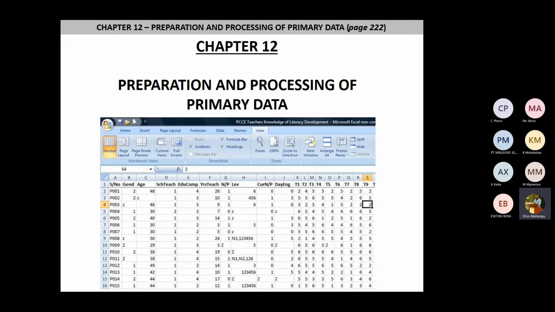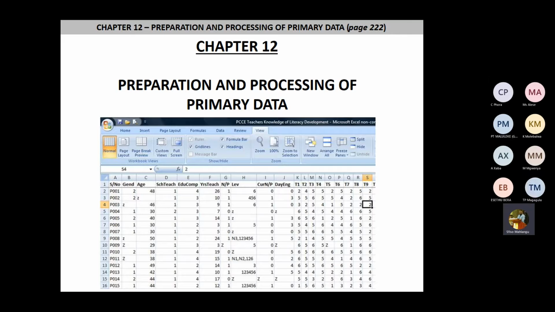If we're talking about preparing and processing of primary data, you'll remember that last week we spoke about data collection, where we indicated that interviews must be conducted. We should hire people with certain skills, for example communication skills, interpersonal relations, as well as responsibility. And we talked about survey errors that can be eliminated.